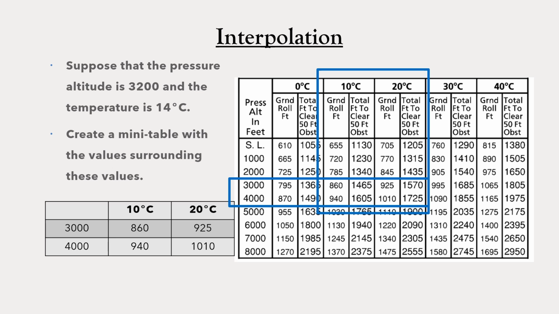So we create a mini table that has the numbers surrounding that. I take the 3,000 and the 4,000 foot numbers, and the 10 degree and the 20 degree numbers, and I get a little table as shown here.